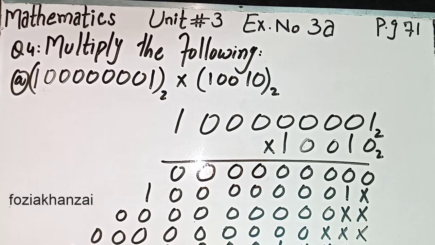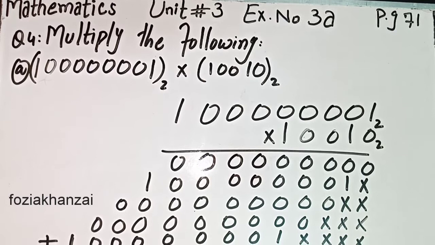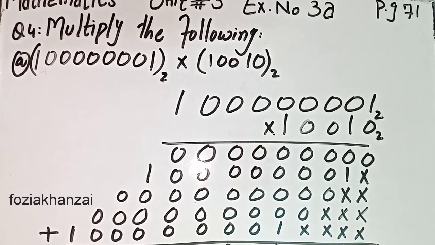Correct answer? Just check your answer. 1, 0, 1, 0, 0, 0, 0, 1, 0, 0, 1, 0 would be the answer of first part. It's base 2.